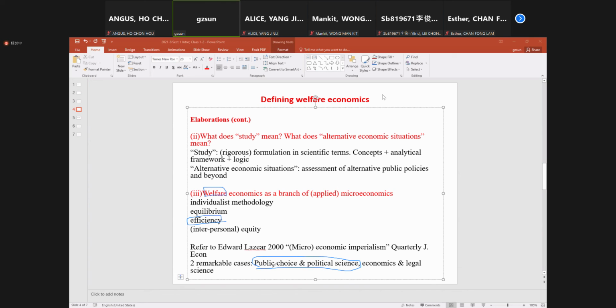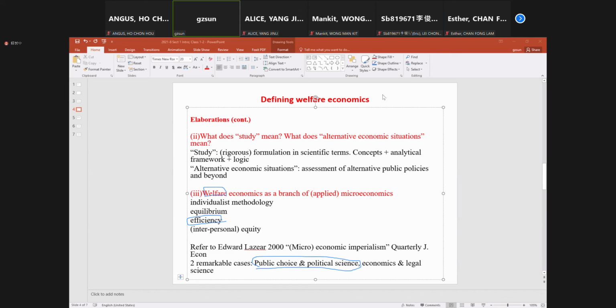Public choice is a big literature developed by some Virginia economists, the Virginia School, 弗吉尼亚学派. Two big economists. One is James Buchanan. He got a Nobel Prize for his contribution to public choice. Another is Gordon Tullock.